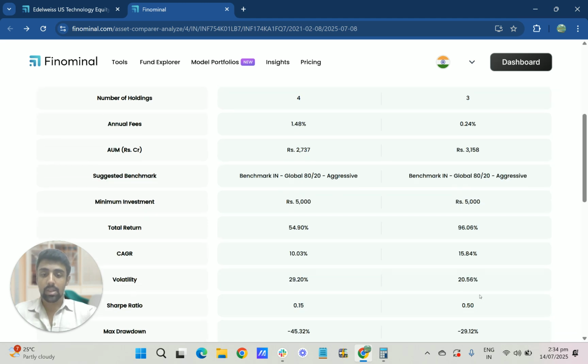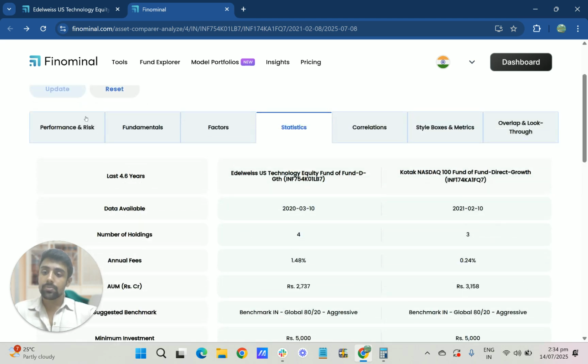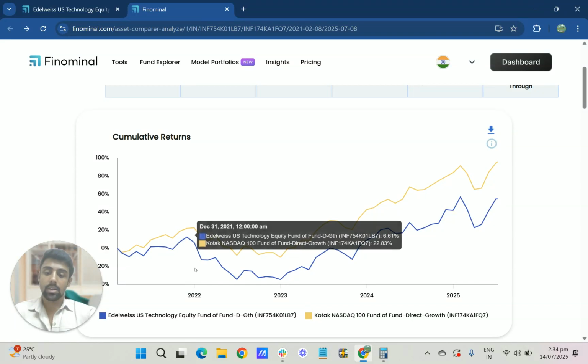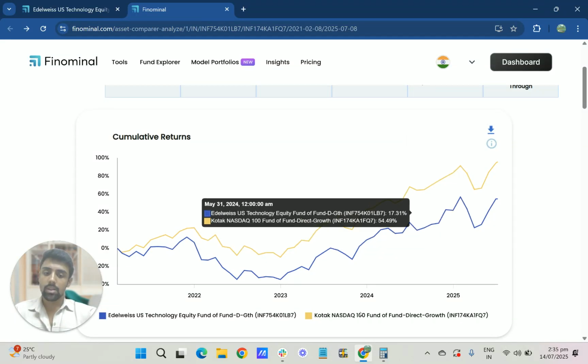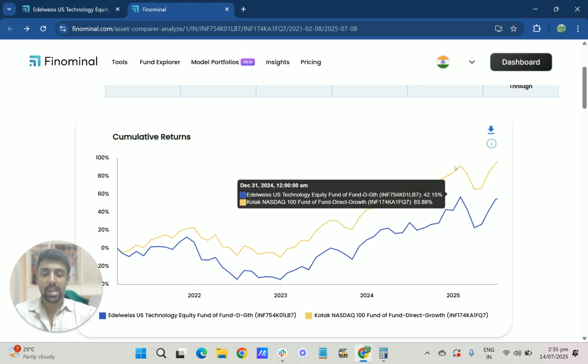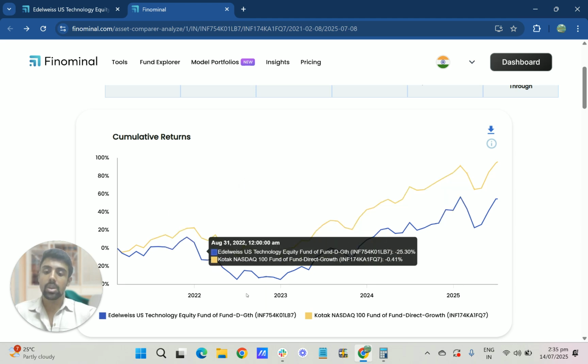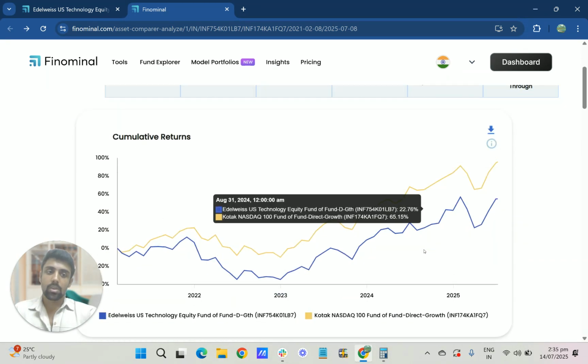You can also see that in CAGR, the volatility is lower, and when you have a high CAGR and a low volatility, that reflects in a big Sharpe ratio. So in terms of performance, it has done tremendously well. Like a simple benchmark, you're not taking an active bet here. A simple Nasdaq benchmark, when you compare it to this active fund, has done well.